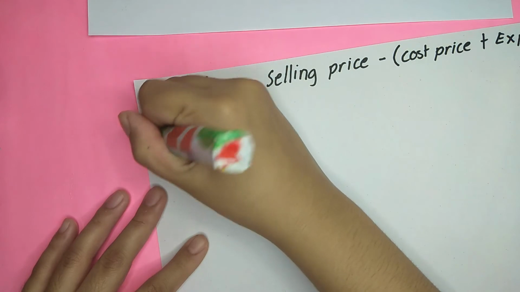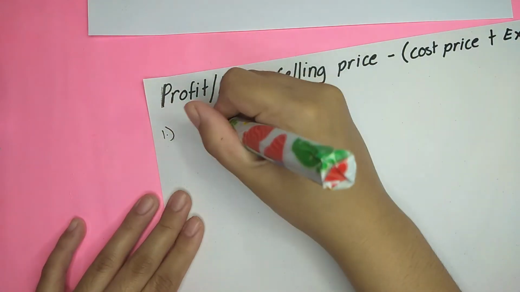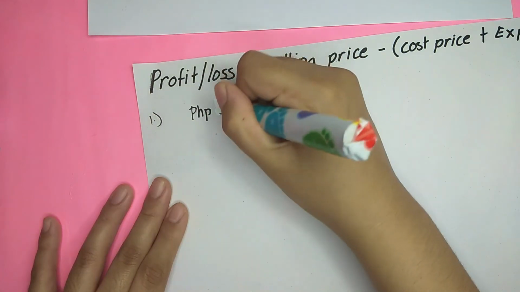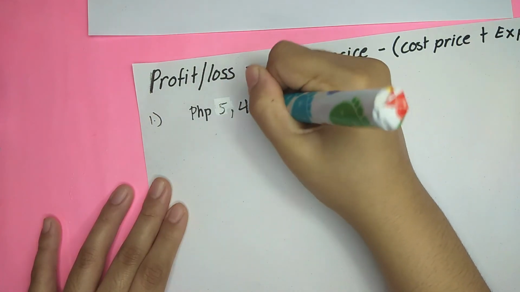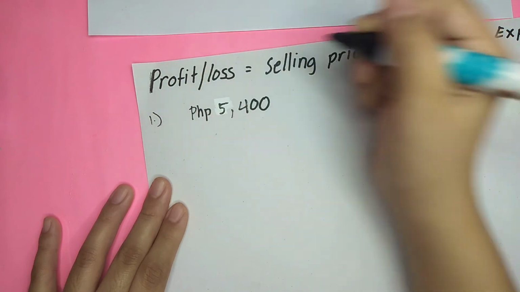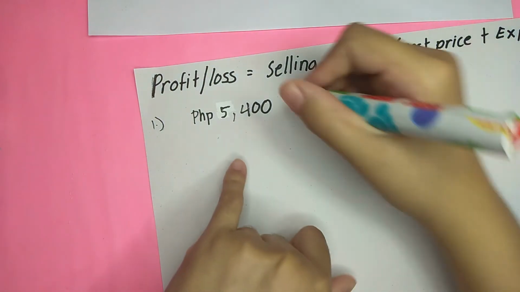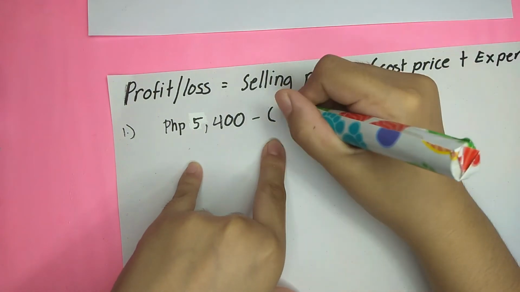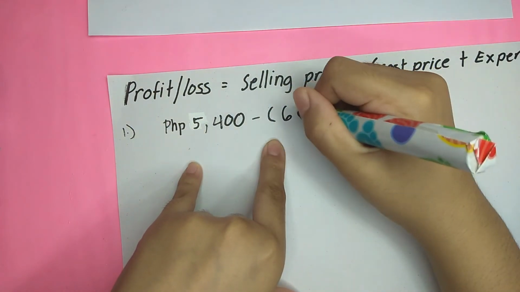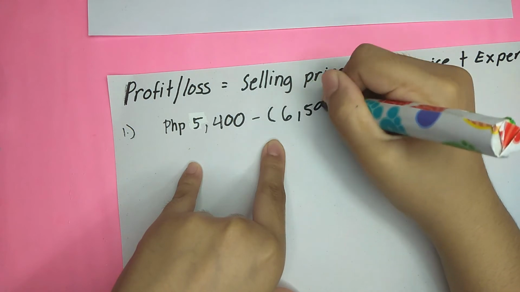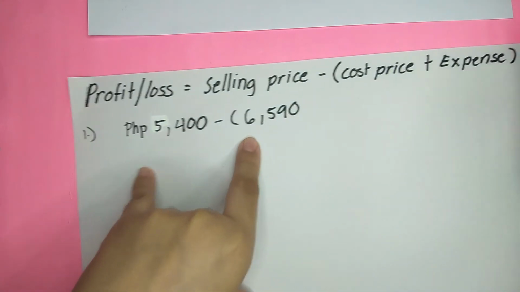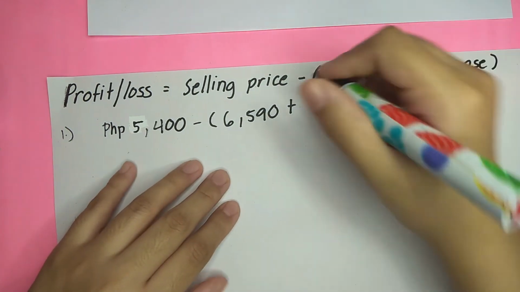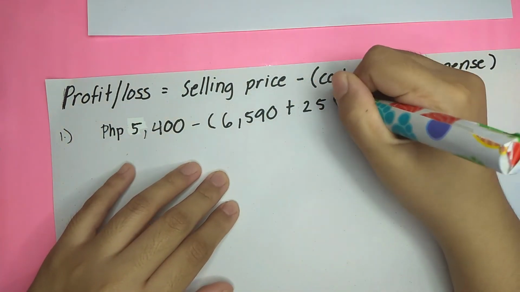So, for number 1, selling price ay 5,400 minus ang cost price, which is 6,590, at tapos add natin yung mga expense. Since dalawa yung expense natin, kasama natin.